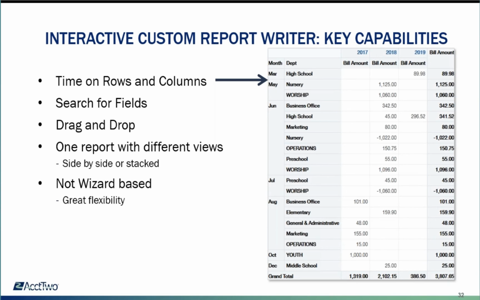Really I should be saying another view on the same report, side by side or stacked. Now, this is not wizard based. That's a great thing, because eliminating that wizard means that you have more functionality, more capabilities to create this report any way you want.